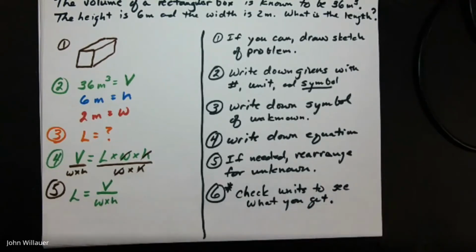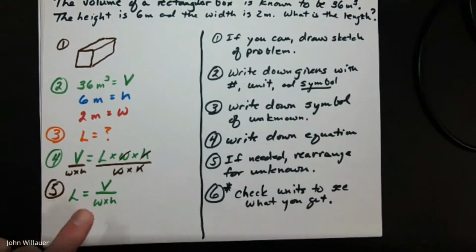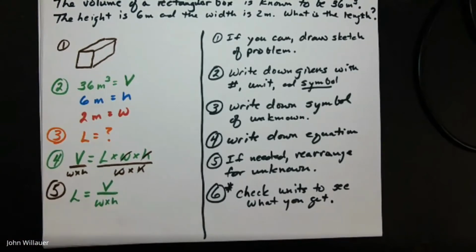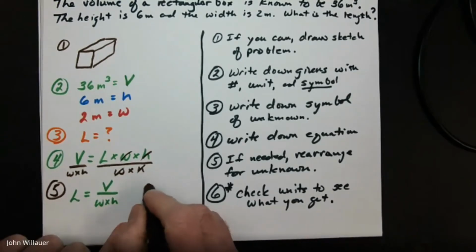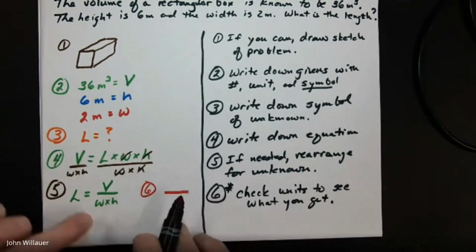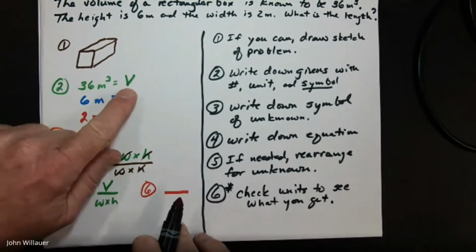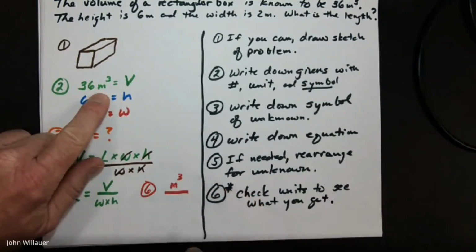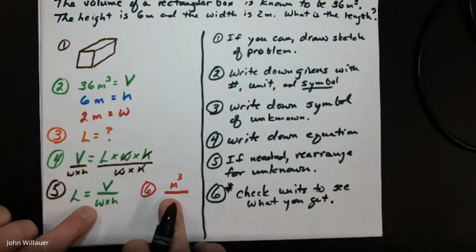Okay, so in this particular case, I want a length here, so these things should end up giving me a meter all by itself. So I'm going to do my step 6 here on the side, and all I'm going to do here is put in the units I have. Volume, well, the unit on volume was meters cubed, so I put meters cubed on top. I'm just checking units now, and on the bottom I have my width.